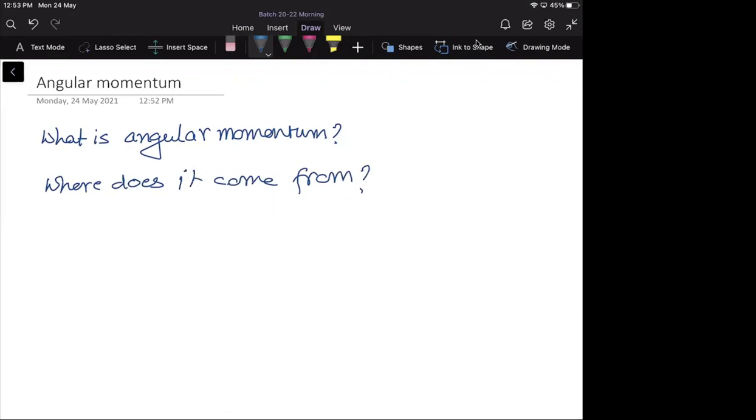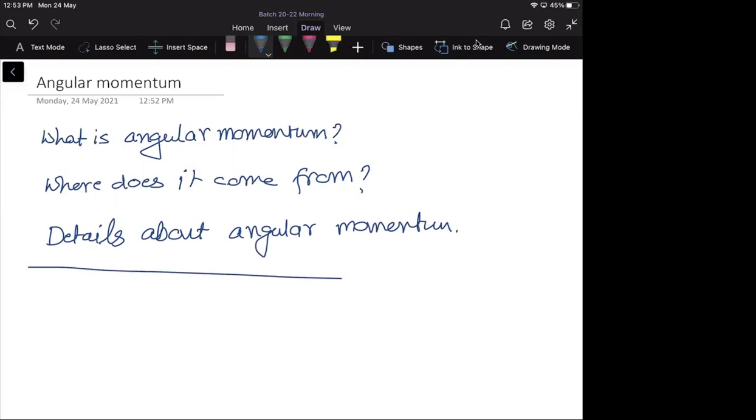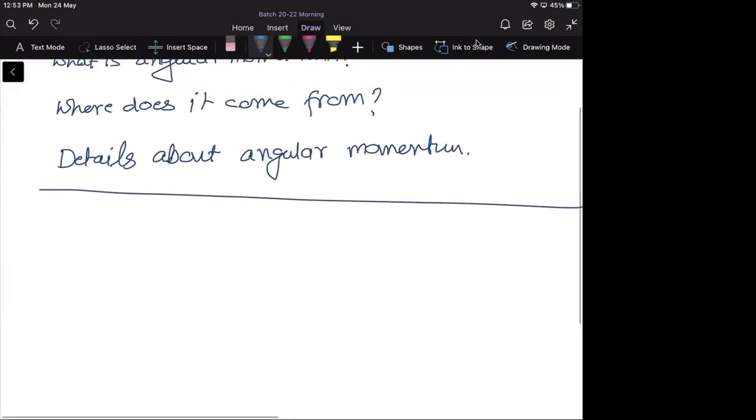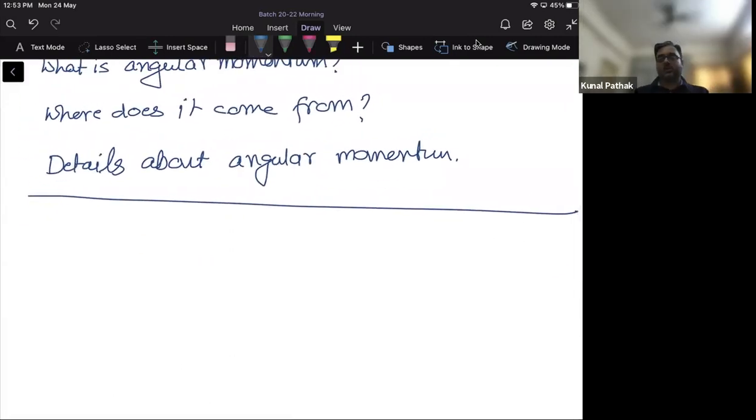And details about it. Yeah, so first, what is angular momentum?